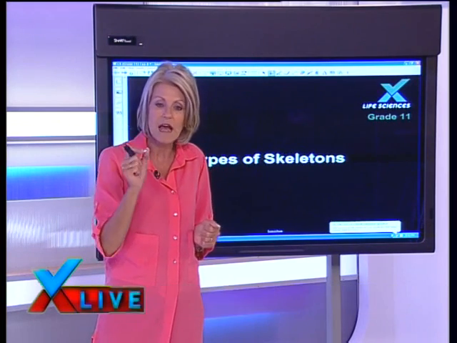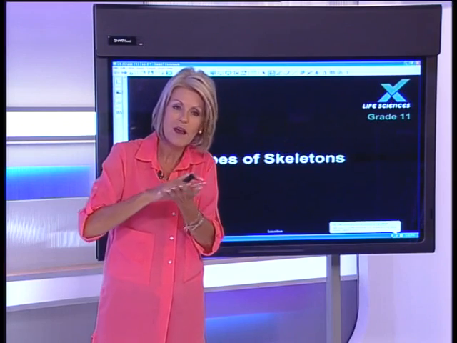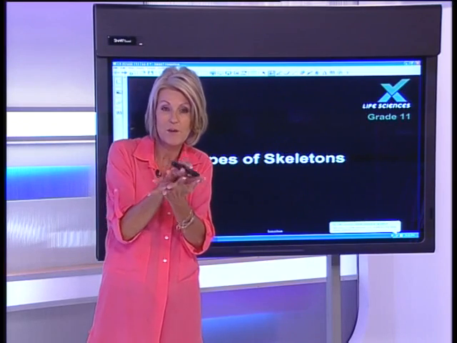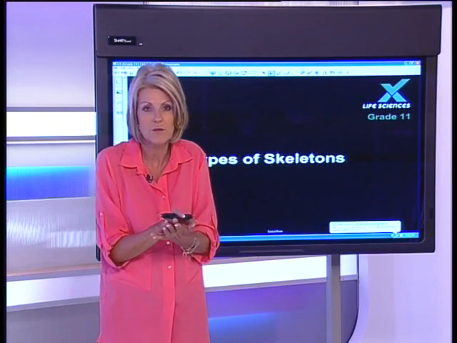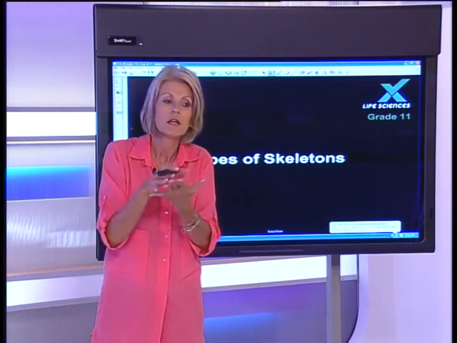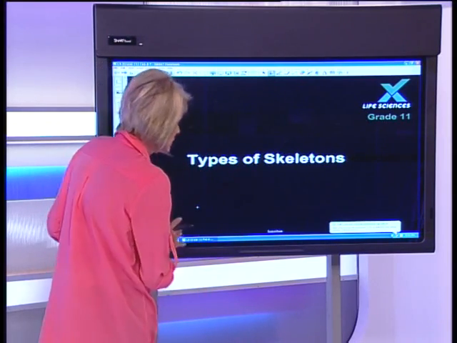Now remember, sclerenchyma is an amazingly strong strengthening tissue. It's sclerenchyma and the xylem that, if you take a leaf and you dry it, and you flake away all the tissue part of it, you end up with the veins and that vein network. That's because of the xylem and the sclerenchyma. So that's the little internal skeleton. But here we're going to look at our animals.